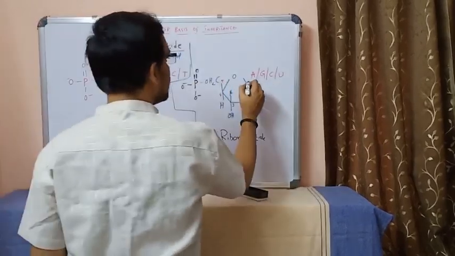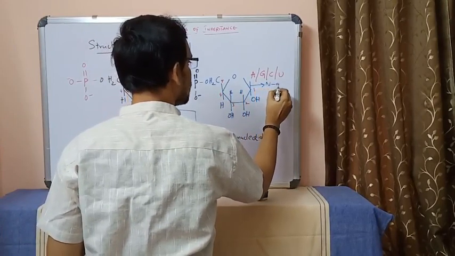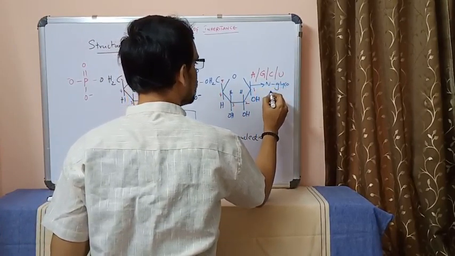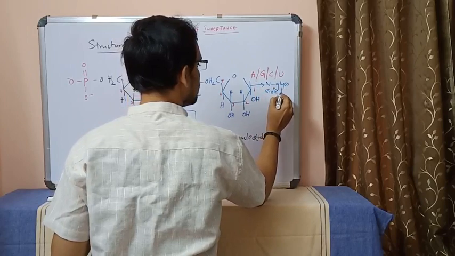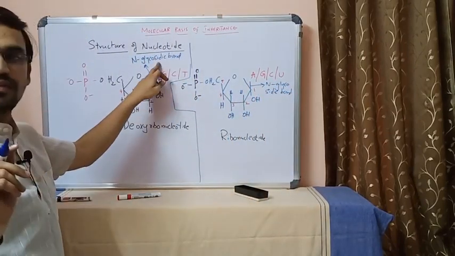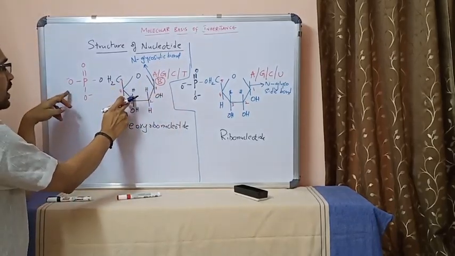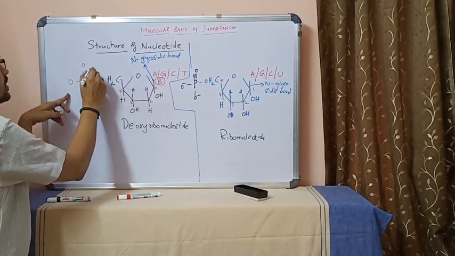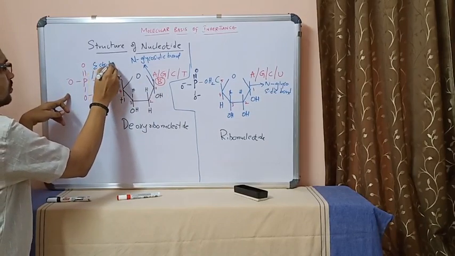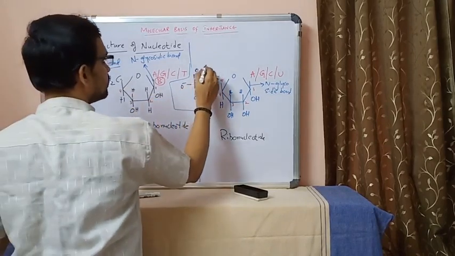Same here also, N-glycosidic bond. Sugar is always linked to the base with an N-glycosidic bond. Sugar is always linked with phosphate with an ester bond. Very, very important. Here also, ester bond.